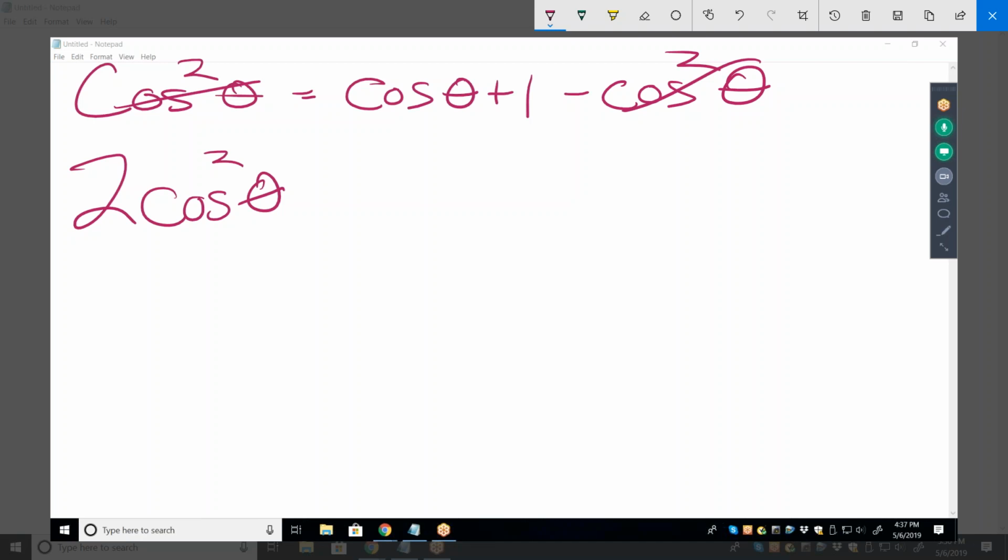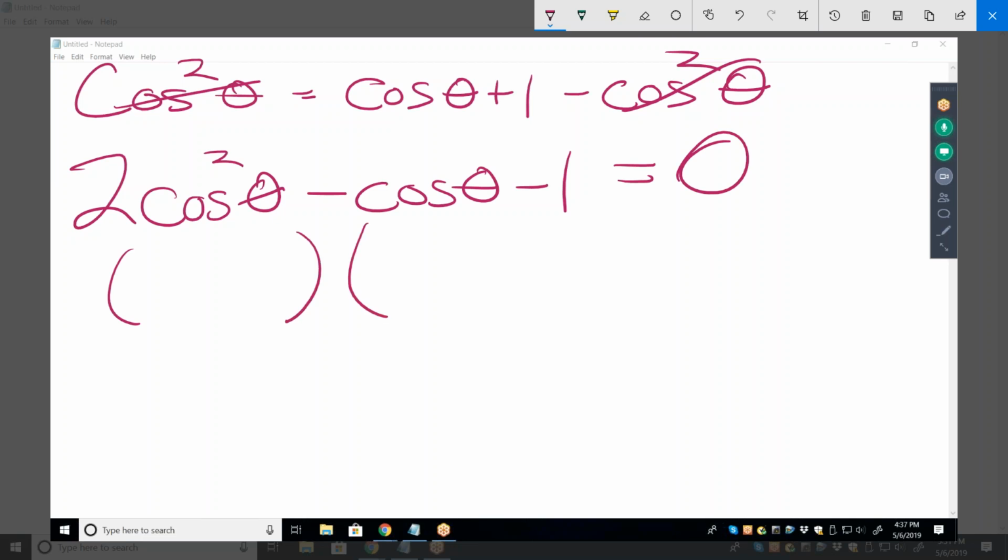Then you can subtract cosine theta to the left side and 1. Now what are we going to do? And then you have to factor it. So the first side would be 2 cosine theta, and then the other side would just be cosine theta.